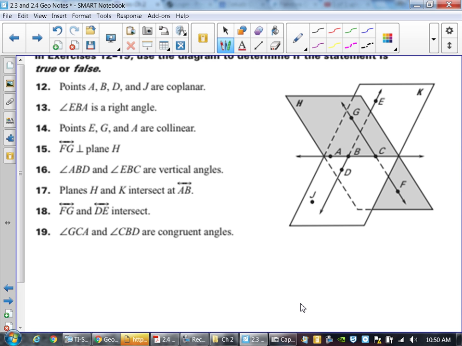Do you mind? I passed it around. Oh, it's somewhere. Remember, guys, when you're drawing these things out, thank you. These two lines will not intersect one another because they're in different planes. What are those lines called? Lines that don't intersect that are in different planes.